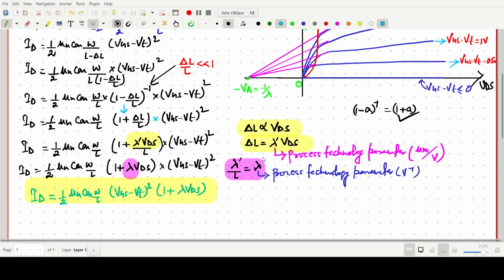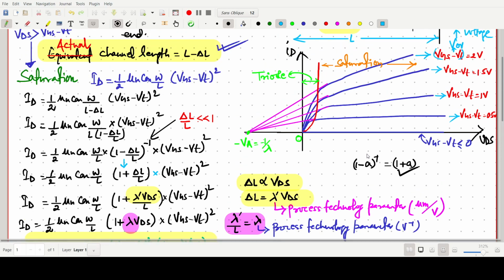So if we plot for lambda equals to 0, this line will be flat. But if we extrapolate this line of the drain current equation, the ID-VDS curve in this direction, it will come near some point like this. This voltage is minus VA, which is simply minus 1 by lambda.